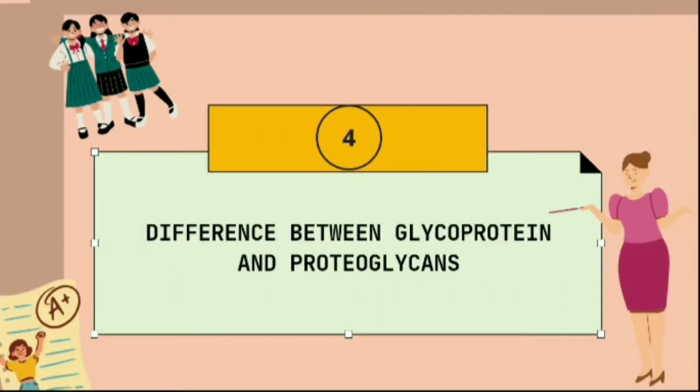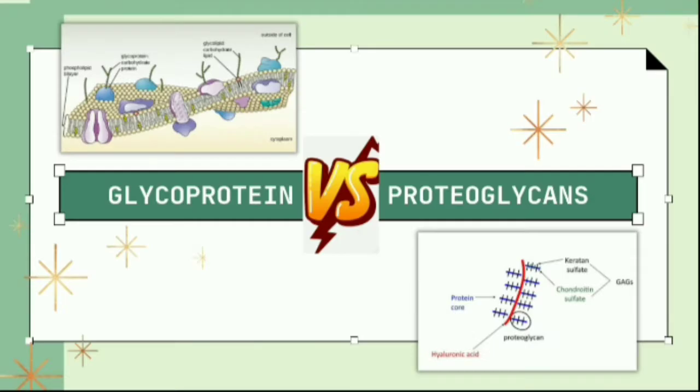So now let us discuss the difference between glycoproteins and proteoglycans, because oftentimes people use these two terms as if they are the same, but actually they are different. As you can see in the presentation, you can clearly see that glycoproteins and proteoglycans are really different when it comes to the structure.